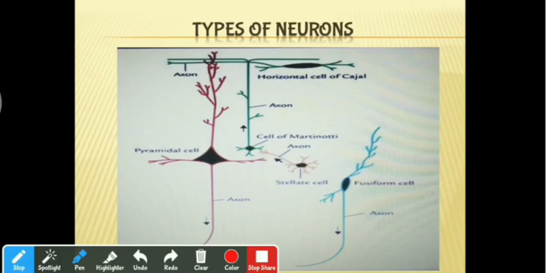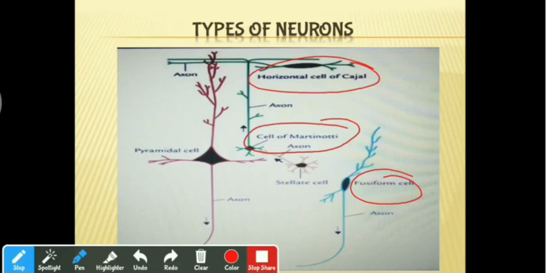And the fusiform cells occupy the deepest cortical layers, and the horizontal cells of Cajal occupy the superficial layers, and the cells of Martinotti are present throughout the layers of the cortex, and they are multipolar small cells.